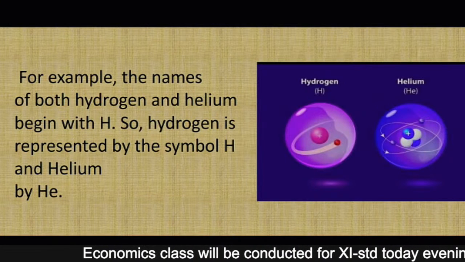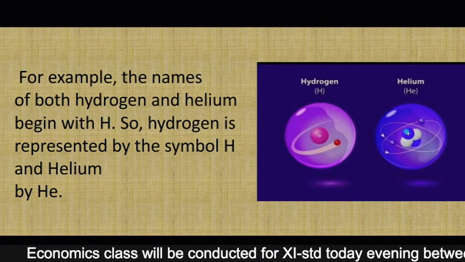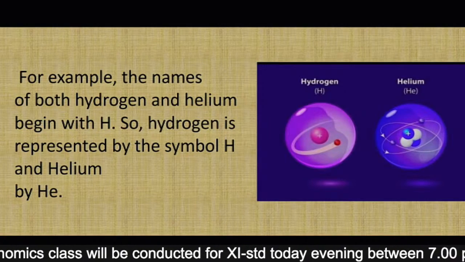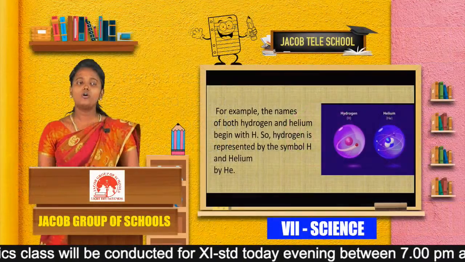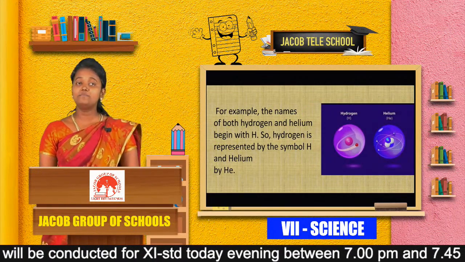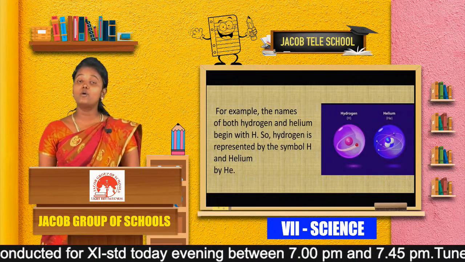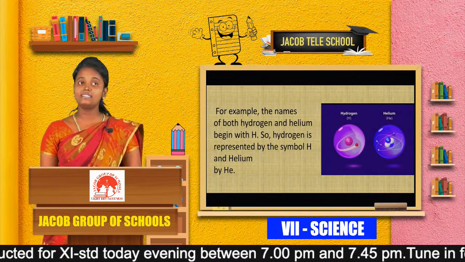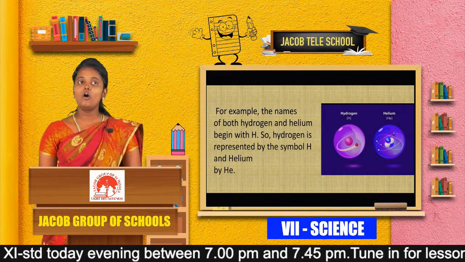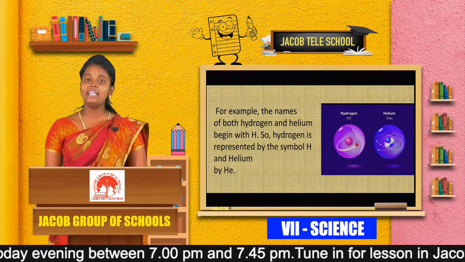So hydrogen is represented by the symbol H and helium by He. அதோட second letter என்ன? Small e. So the symbol of hydrogen is capital letter H, the symbol of helium is capital letter H and small letter e. Listen to it. Okay, what is the spelling of hydrogen? H-Y-D-R-O-G-E-N, hydrogen. And what is the spelling of helium?